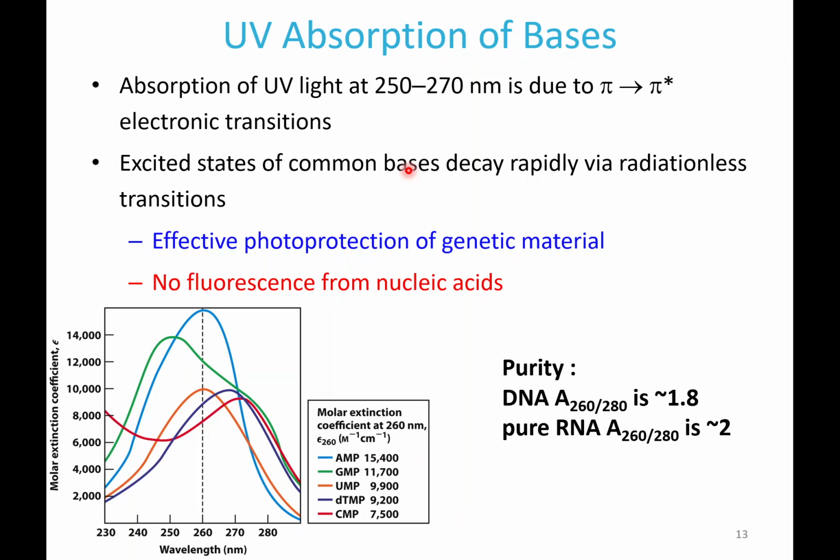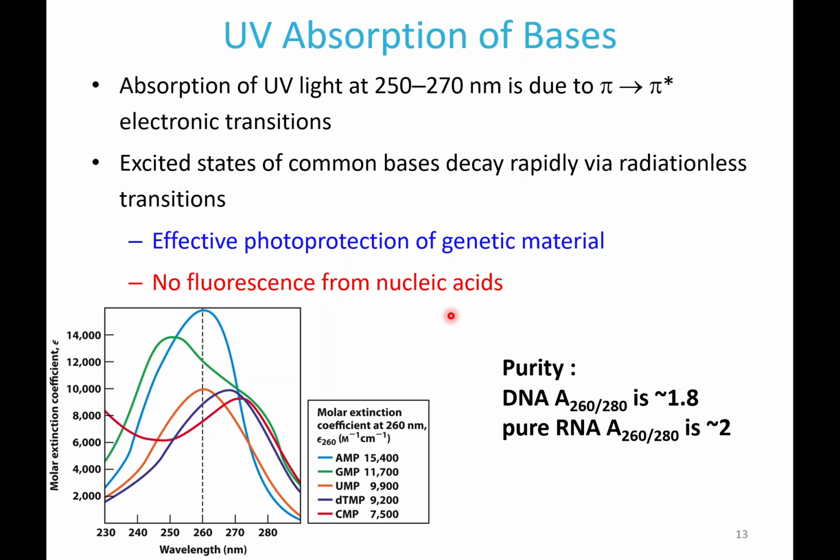Okay? And that's because there's a lot of what's known as radiationless transitions. Those are from vibrations in the molecular bonds and degrees of freedom in the molecule. So they don't undergo fluorescence, but they do absorb UV light.